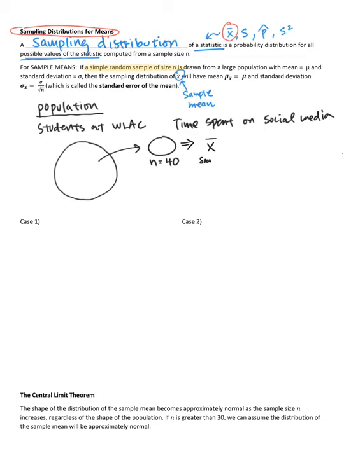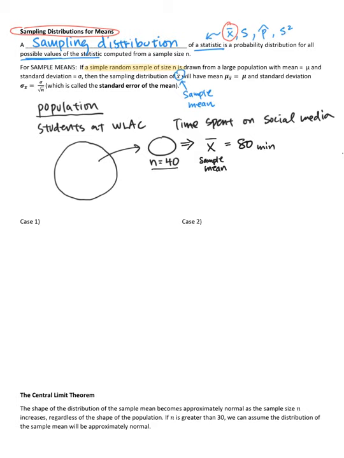I add all the times spent on social media by the 40 people, and then divide the total by 40. So we get the sample mean, and let's say it happens to be 80 minutes. That's the average amount of time these 40 people spend on social media every day.